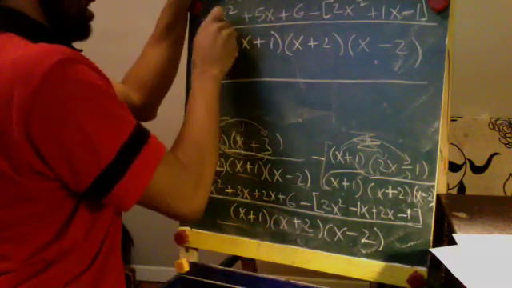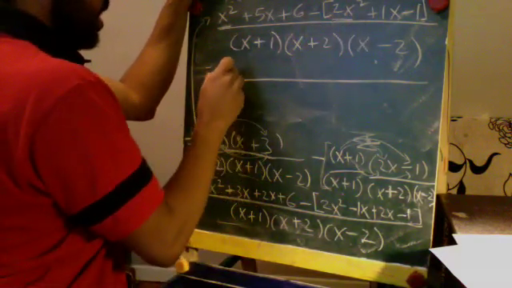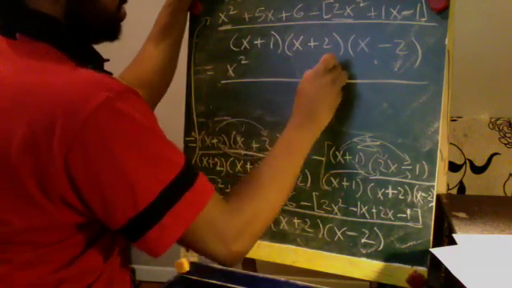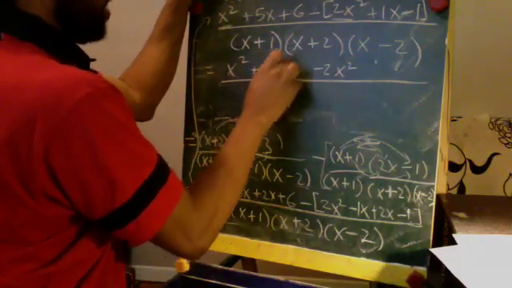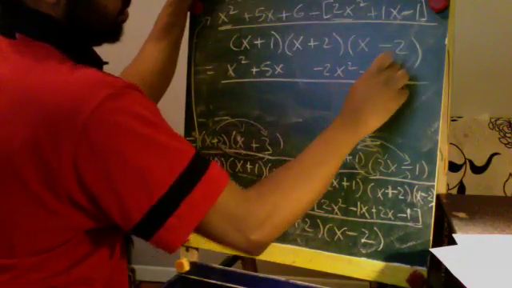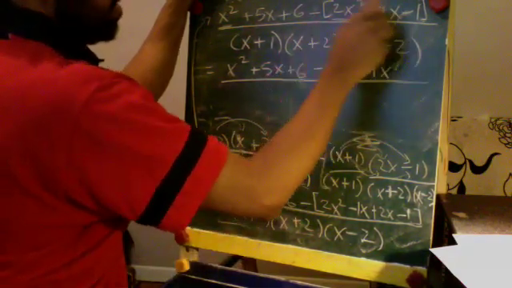So I'm taking x squared and subtracting 2x squared. And here I have a 5x, and I'm changing the signs of everything here, subtracting a 1x. And also I have a positive 6 and I'm subtracting a negative 1.